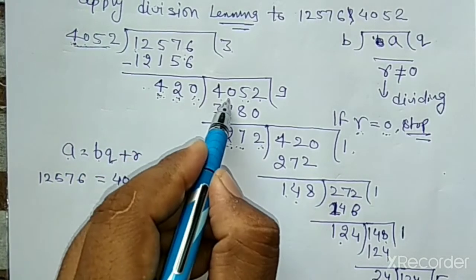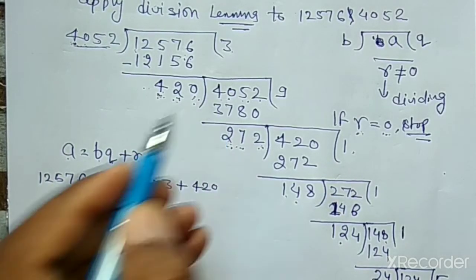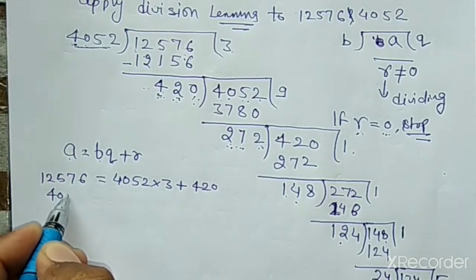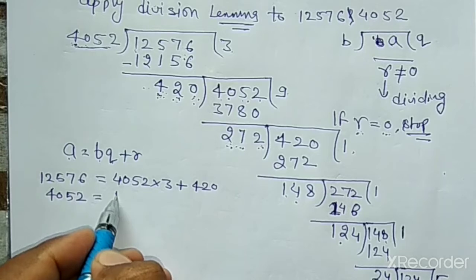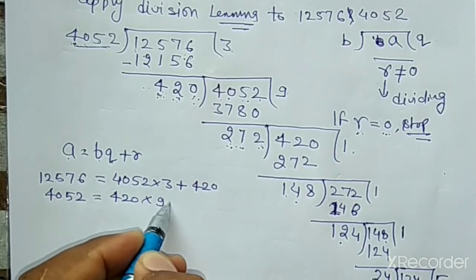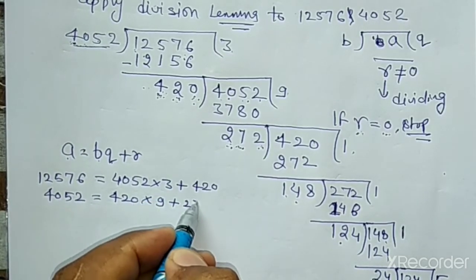Again for the next, this is your number that comes here, so you can write here 4052 equals 420 into 9 plus remainder 272.